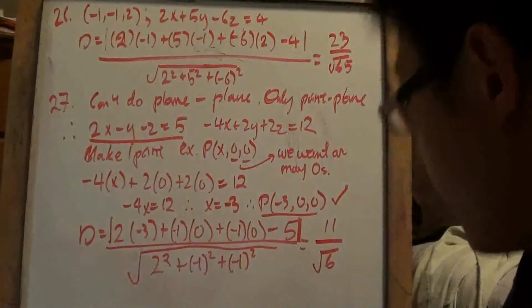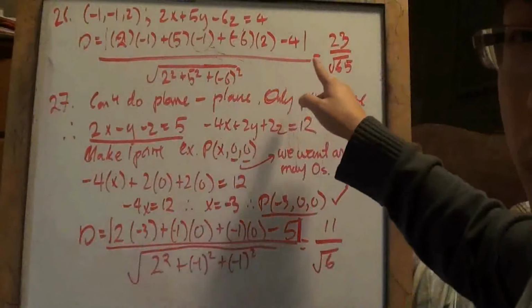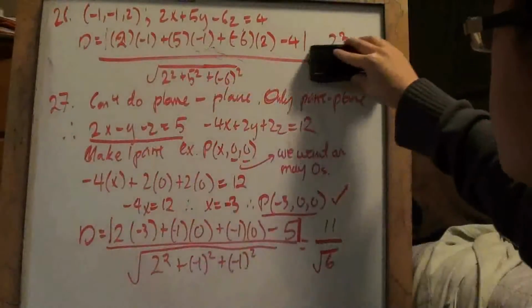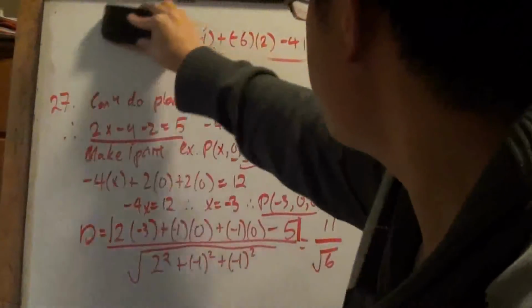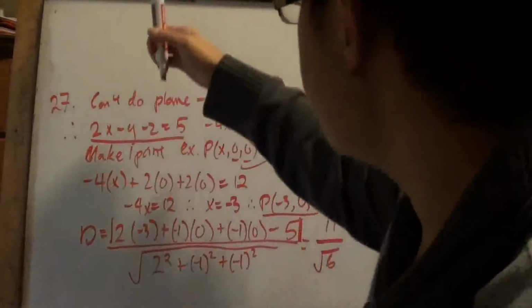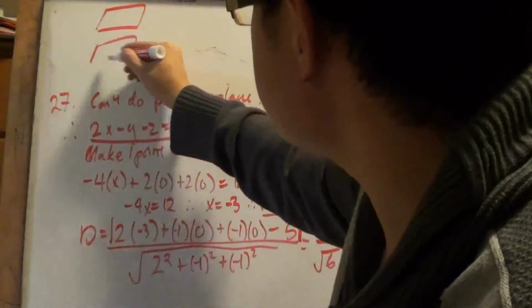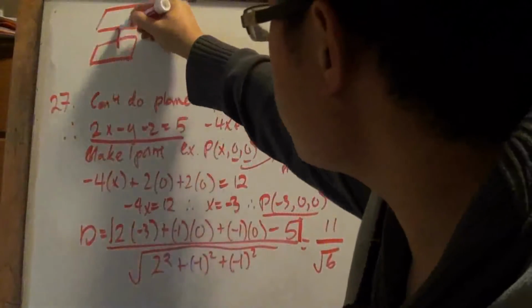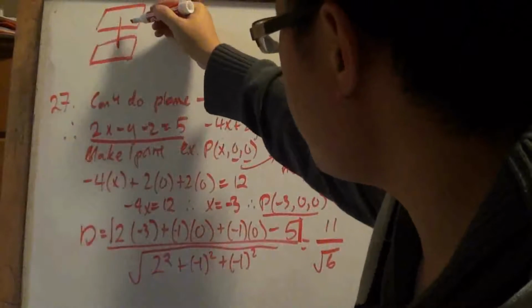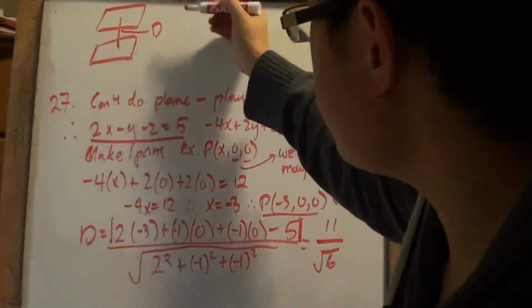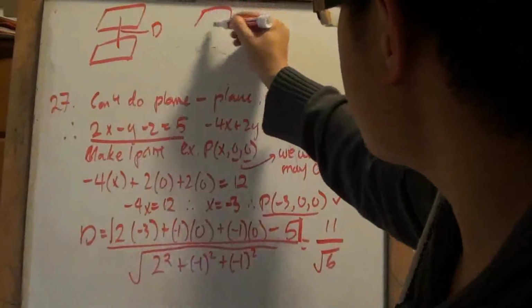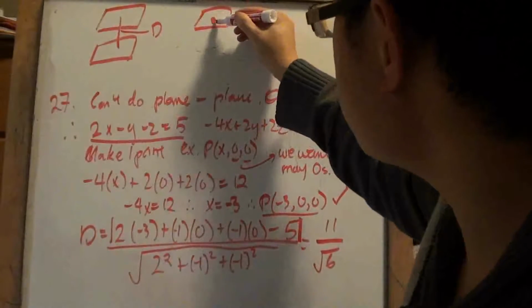So what I mean by that is, I'm assuming you checked the 26 by now, so I'm gonna erase it to make some room. I think you guys know what I'm saying, but basically what we're trying to do is there's two planes that are supposedly parallel, and I want to know the distance in between, right? But let's say there was a point I chose that exists on this plane, right?